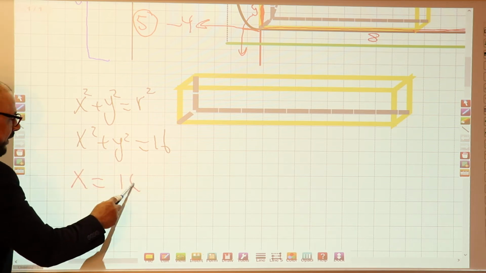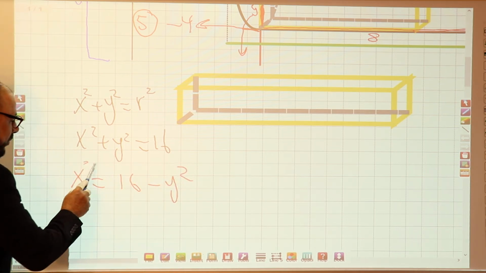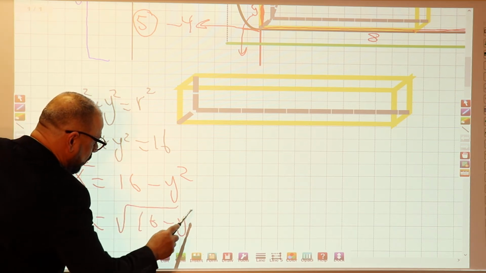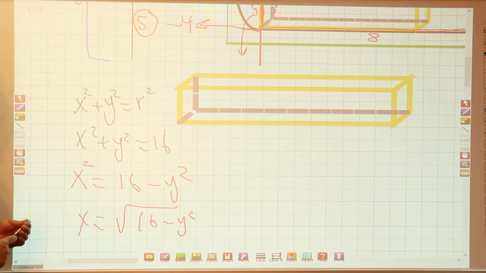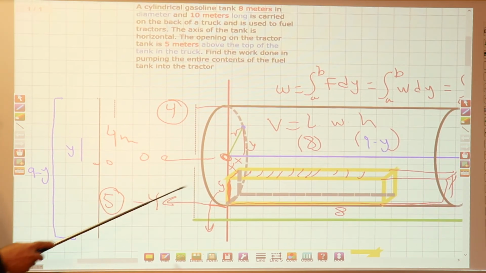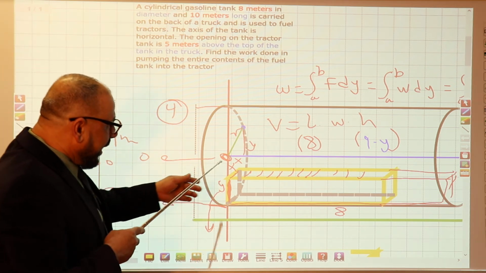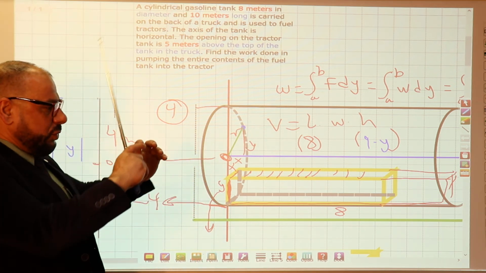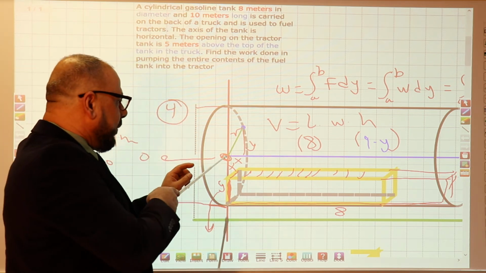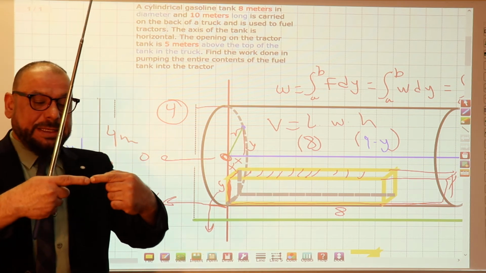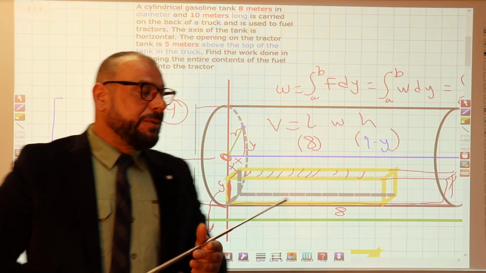X squared equals 16 minus y squared. Then x equals the square root of 16 minus y squared. Then I have all my variables: length, width, the volume of the slab. But the width is not only 1 x, it is 2 x's: x from this side and x from this side. Okay.